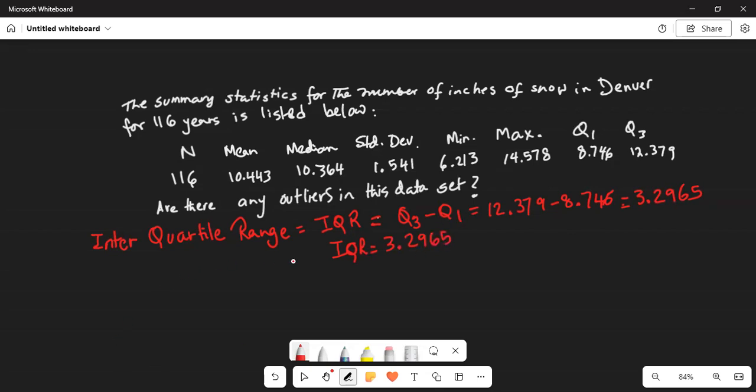Now, as the standard procedure calls for, we will find 1.5 times IQR, or in this case 1.5 multiplied by 3.2965, and that is equal to 5.4495.